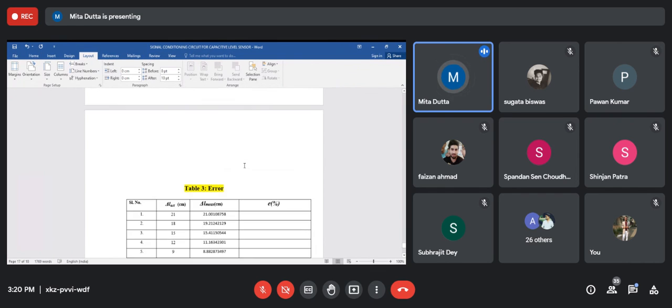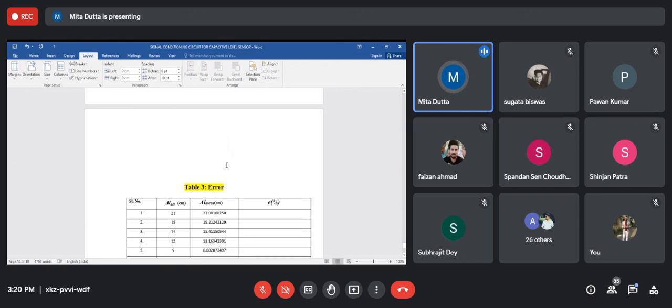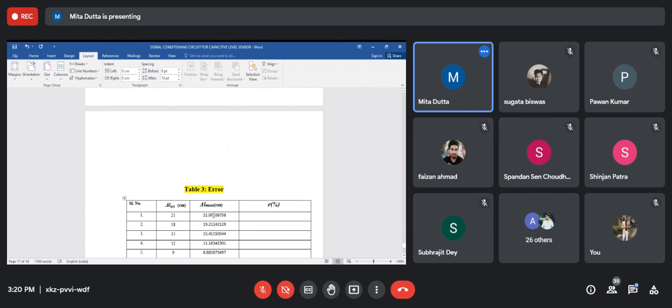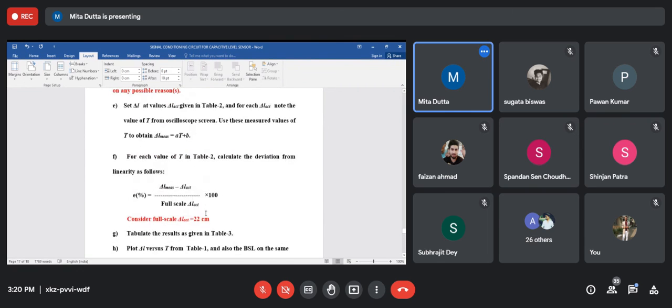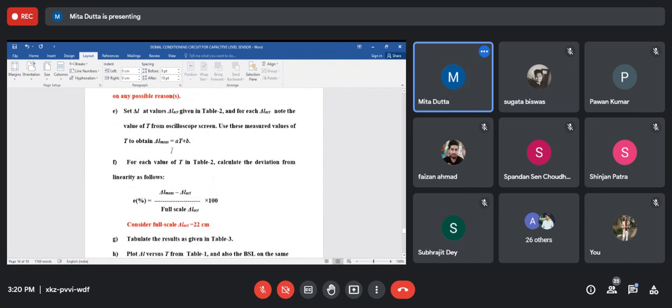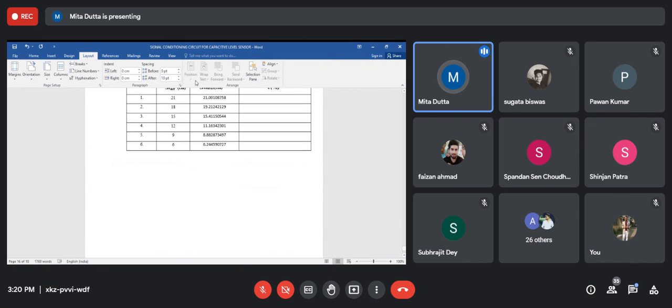Then based on that, you have to calculate the del L measured. So this you have to find out. By mistake I have put the values of this.